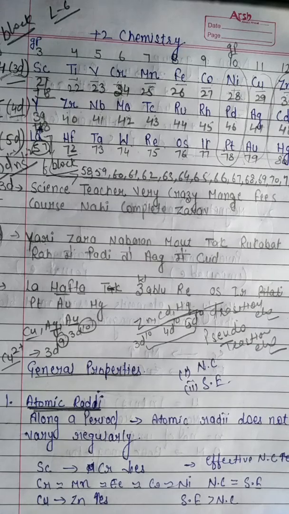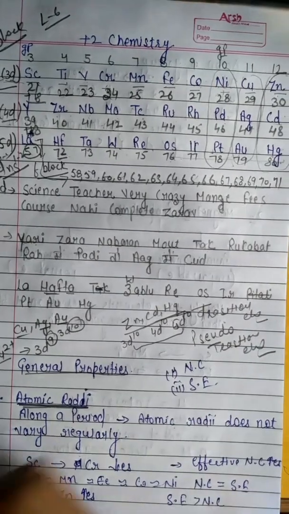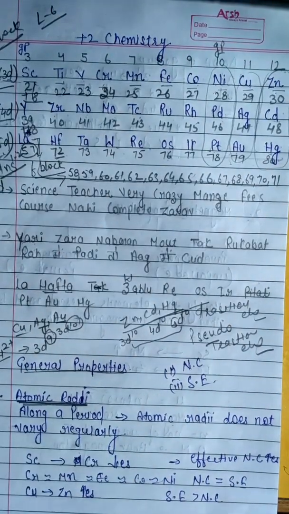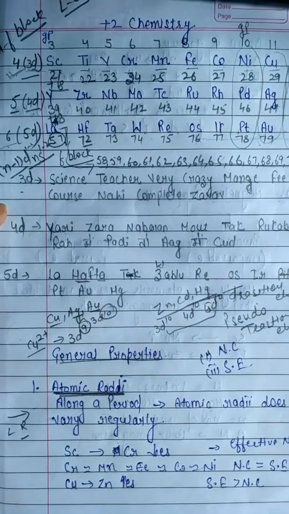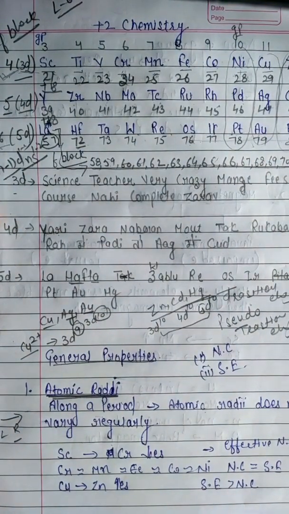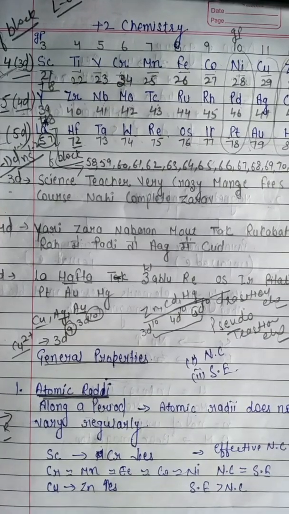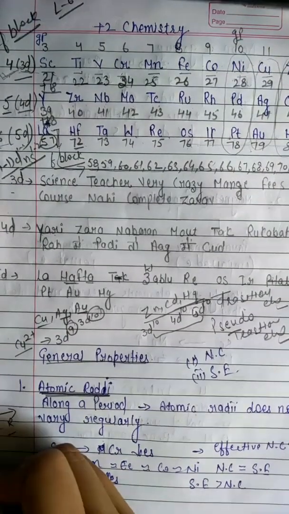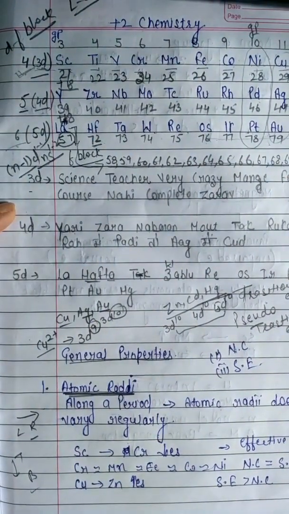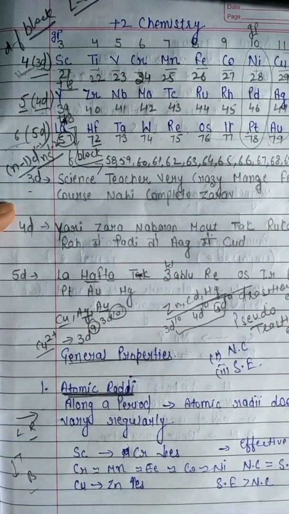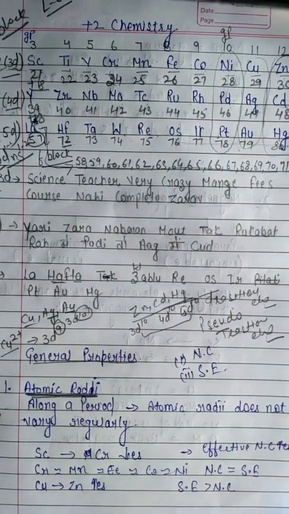We can say that if we move along a period from left to right, the atomic radius decreases, and if we move from top to bottom in a group, the atomic radius increases due to the number of shells increasing. But in this case there are different behaviors.